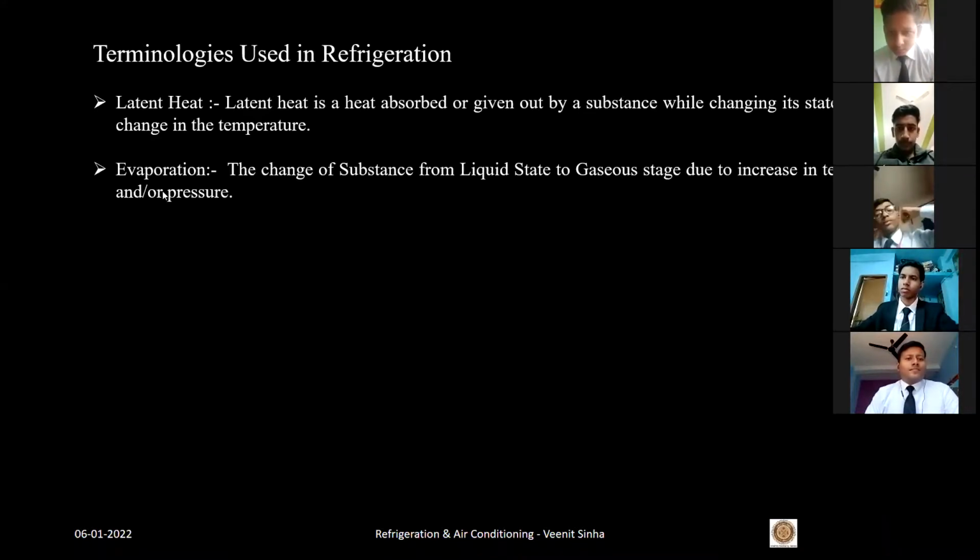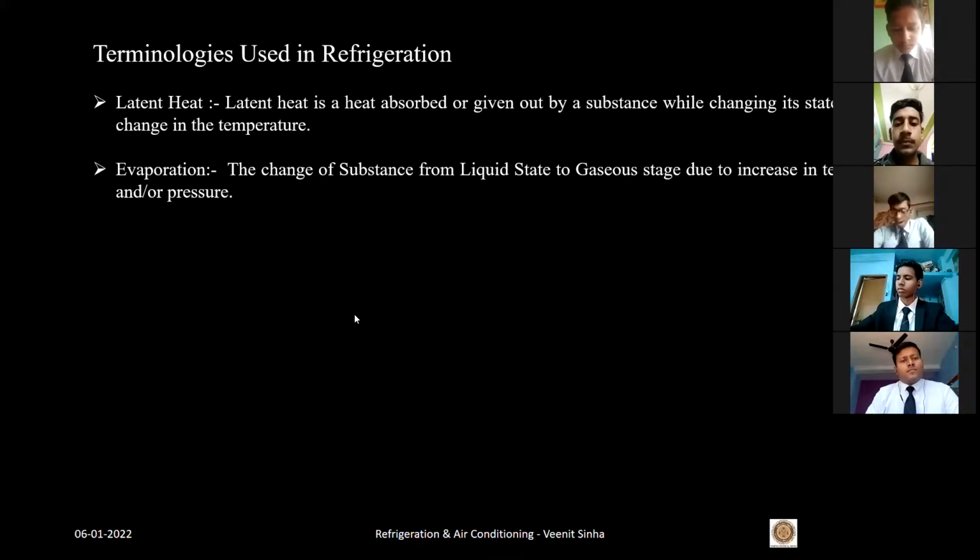This is important. ठीक है, यहाँ इंक्रीज इन टेम्परेचर तो ठीक था, लेकिन यहाँ पर हमने एंड प्रेशर की भी बात की, क्योंकि ये आगे आएगा when we will be talking about something called the compressor. नेक्स्ट क्लास में हम जब पढ़ेंगे compressor तो यहाँ पर प्रेशर की बातें आएंगी.